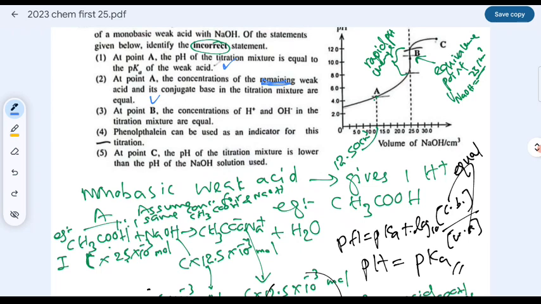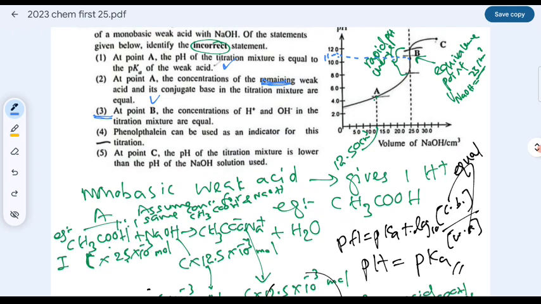Then at point B, the concentrations of H plus and OH minus in the titration mixture are equal. Here the pH at B is 11, like it is in the middle of 10 and 12. So it is near to 11. So pH can't be 7. If it is neutral, pH should be 7.